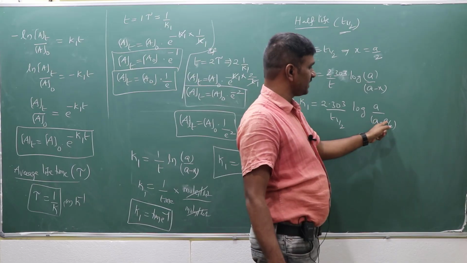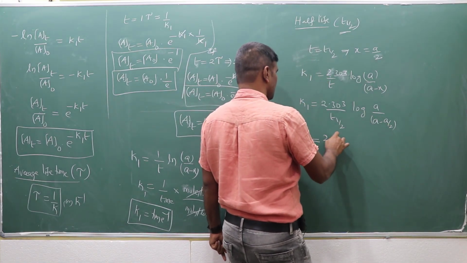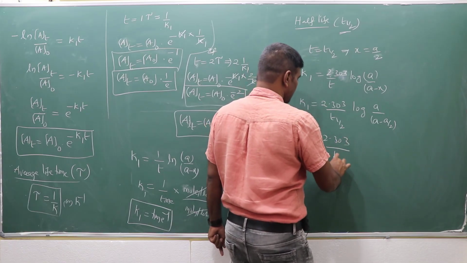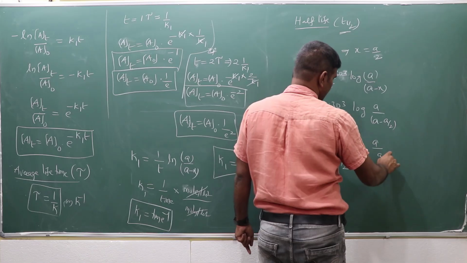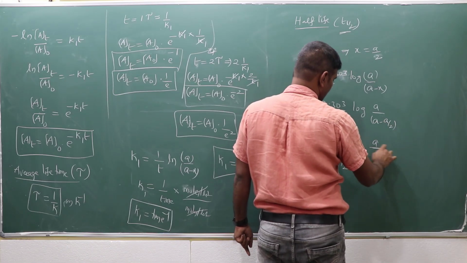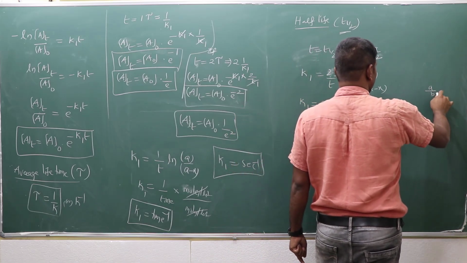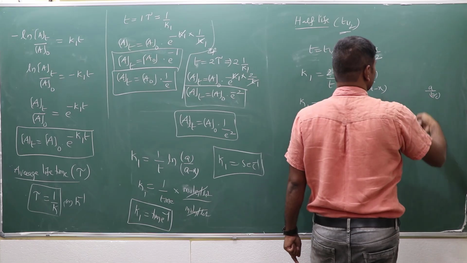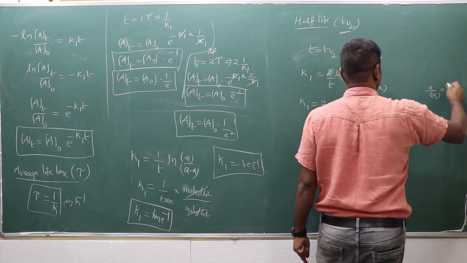So that is equal to 2.303 by t half log a by 2a minus a by 2, that is a by 2. This is of the type a by b by c, which equals a into c by b, ac by b.